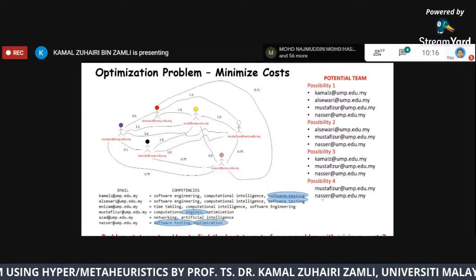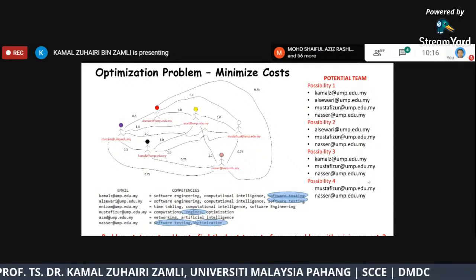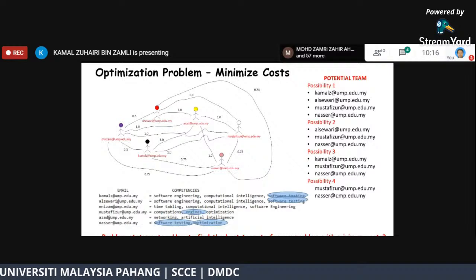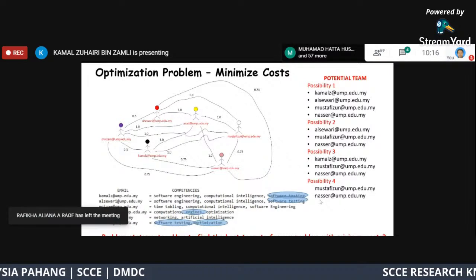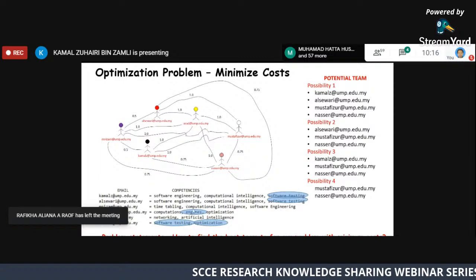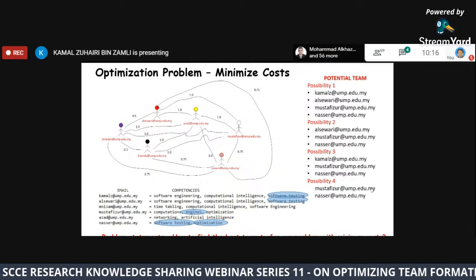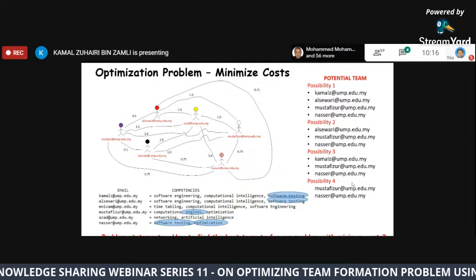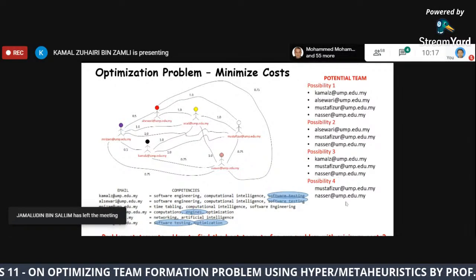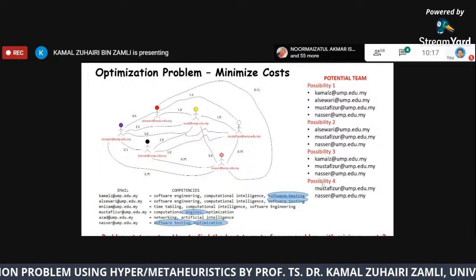So if you look at possibility 4, now we have the most minimum number of people, assuming they are the same cost, the least cost for forming a team to do engine, software testing, and optimization. Can you see this? We have only 2.